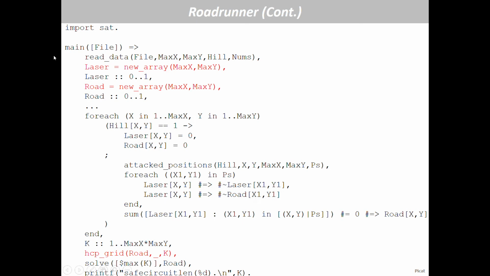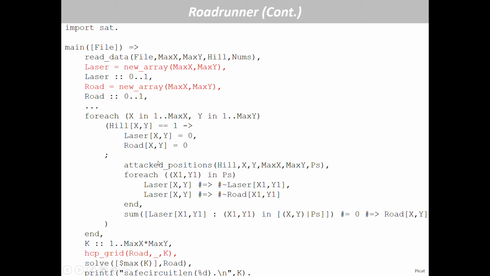It also uses another two-dimensional array named road, which indicates if a cell is a safe cell or not. The constraint is installed this way. For a cell XY, if it is a hill cell, then laser XY is 0, and the cell cannot be a safe cell.